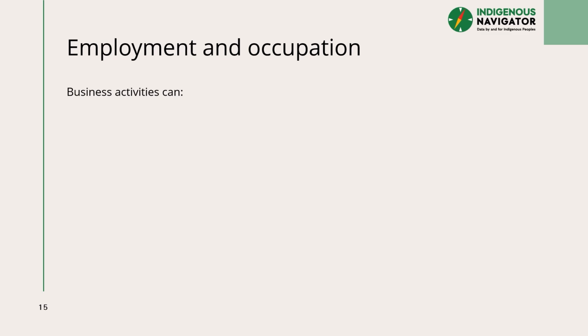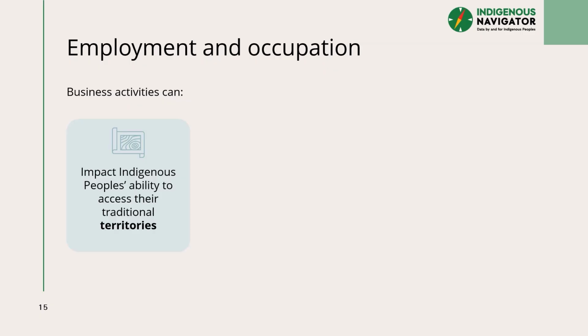Business activities and related legislation, policies, plans, or other measures can impact Indigenous peoples' ability to access their traditional territories, or how they can practice traditional activities on the land. Changed conditions of the land due to business activities and related measures may mean that traditional activities are restricted or changed.